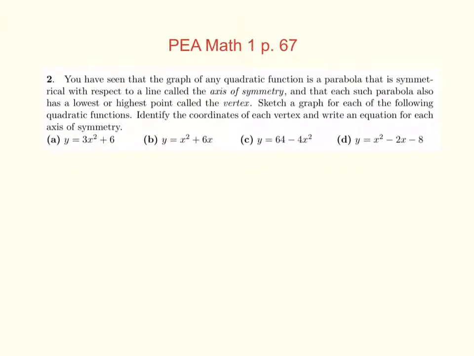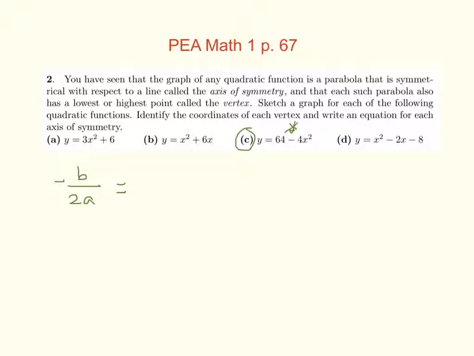Okay, we're looking at C. Let's do this one algebraically first and then graphically. So algebraically, I want to find the axis of symmetry, so I would go -b over 2a. That is, well, let's see, the b here, there isn't one, because there's no x term. See, we had a 6 here, but there's no x term here.